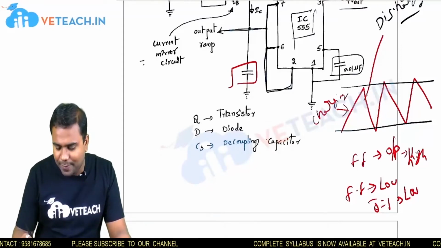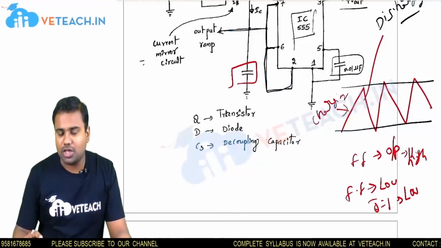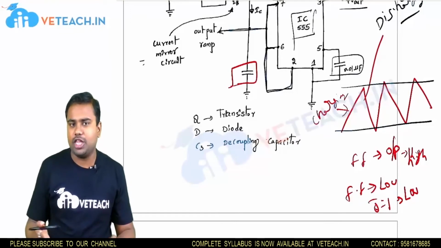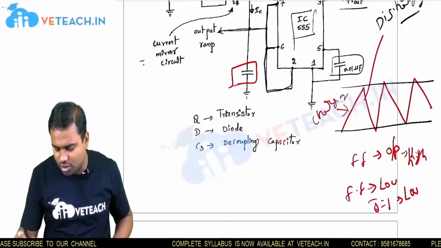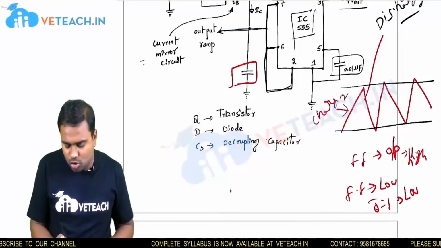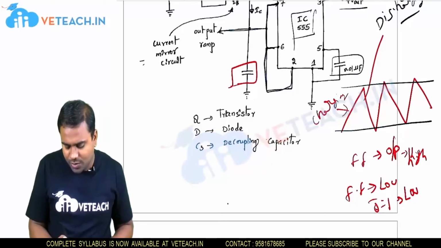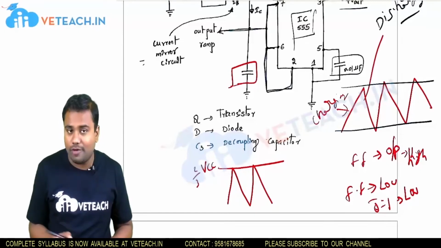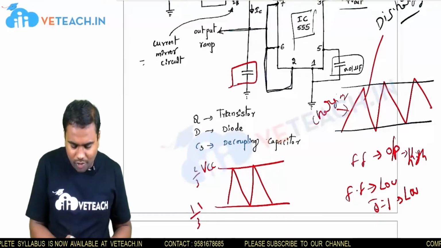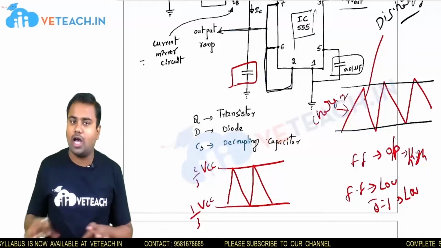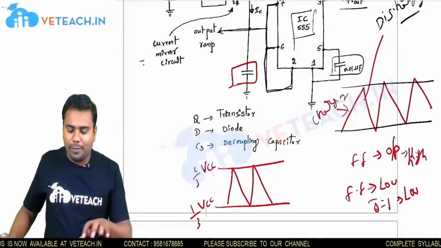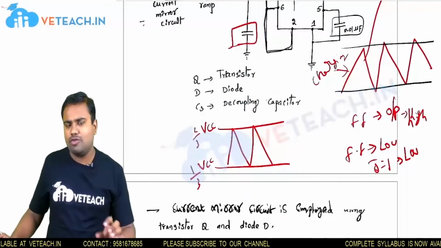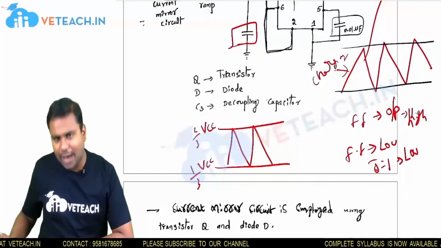In the charging path, the capacitor will be in charging mode up to 2/3 VCC, so the signal will change from 1/3 VCC to 2/3 VCC. The highest limit is 2/3 VCC, and the lowest limit is 1/3 VCC. This pattern occurs by using this type of circuit diagram. For that reason, we can say this is a ramp generator.